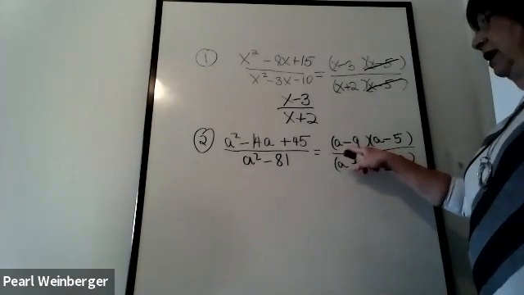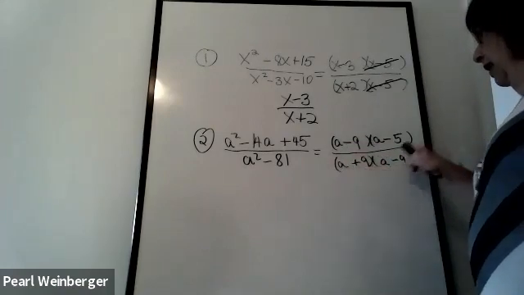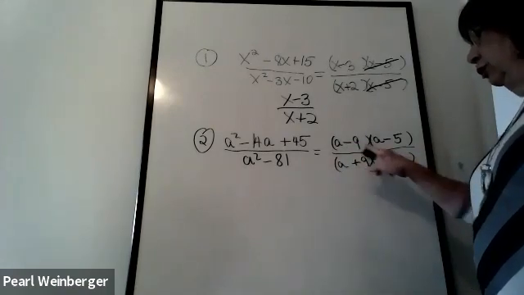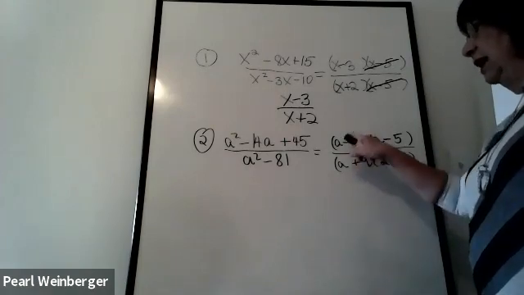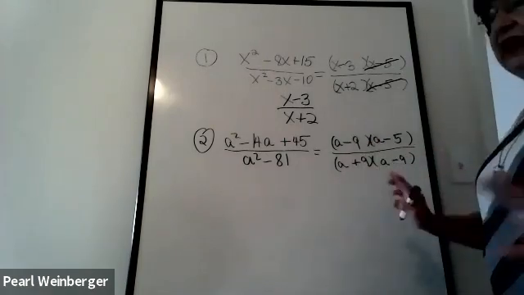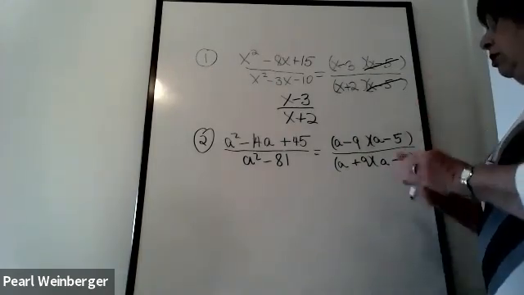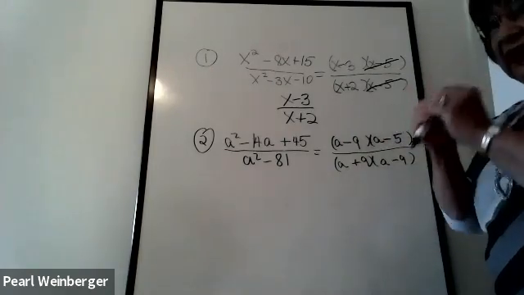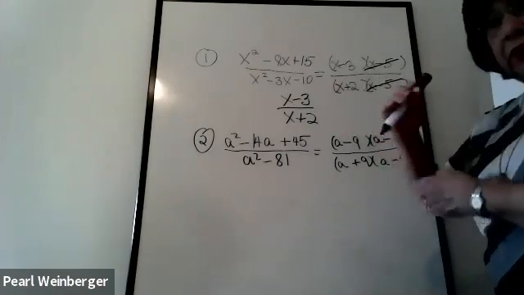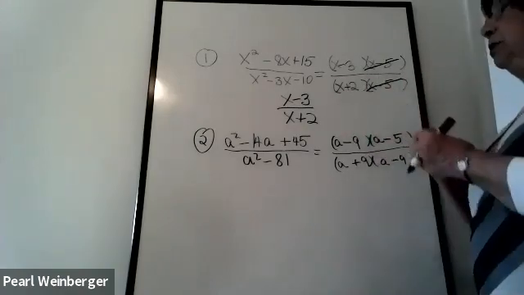A minus 9 on top. Well, on the bottom, there is an a minus 9. Don't make the mistake. A plus 9 and a minus 9 are not at all alike. They cannot cancel each other out. The only thing that doesn't have to be identical is if the order switched. Not if the sign switched, but if the order.